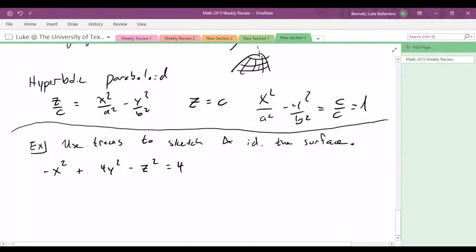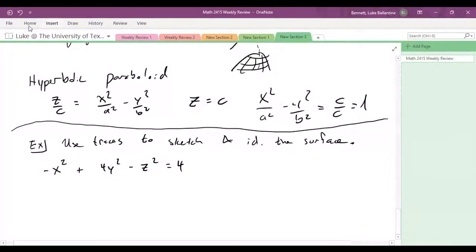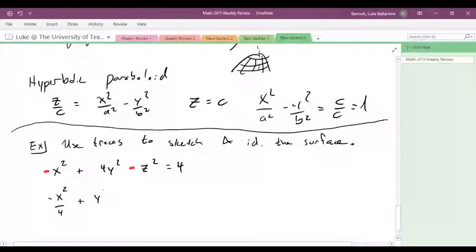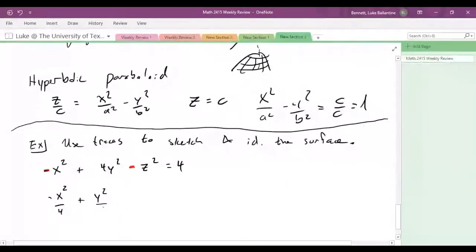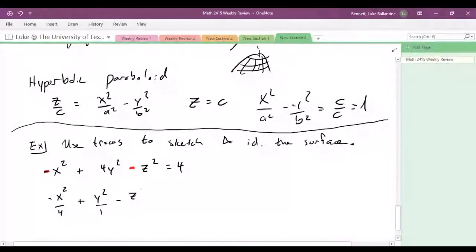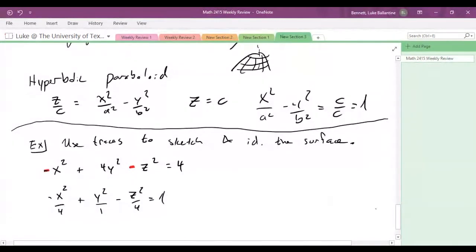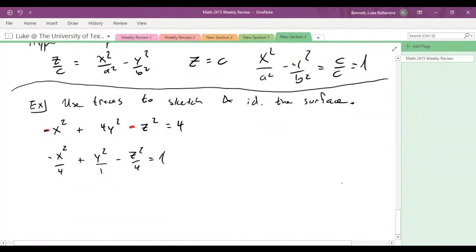Yes. Hyperboloid of two sheets, because you can tell there are two minus signs and every variable is squared. So how to draw the traces: first I'm going to divide by 4 so I have it equaling 1. We have minus x squared over 4 plus y squared over 1 minus z squared over 4 is equal to 1.